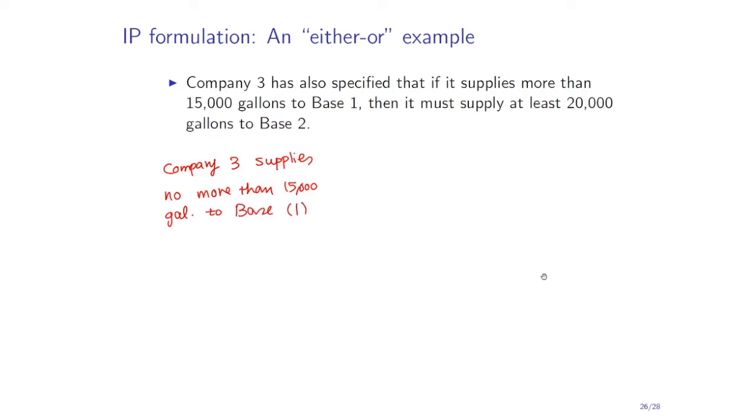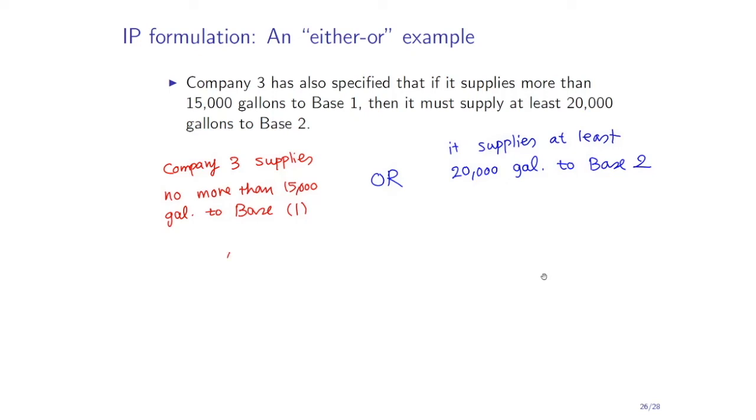This is the first case. Or it will supply more than this amount, right? If it supplies more than this amount, then it must also supply at least 20,000 gallons to base 2.